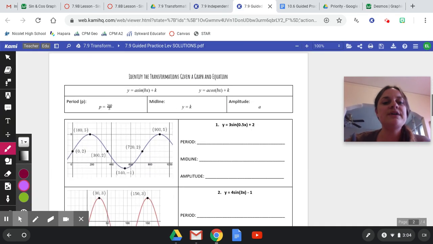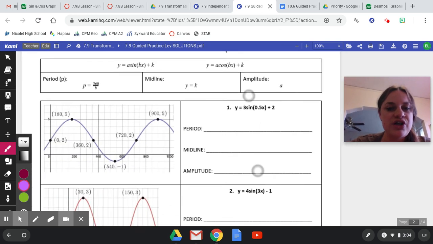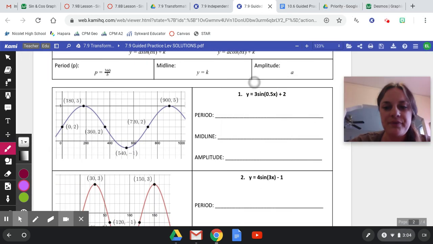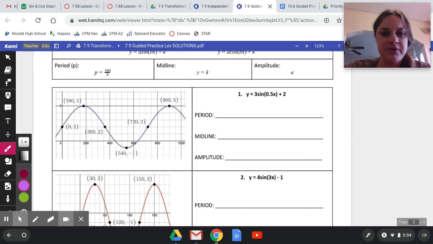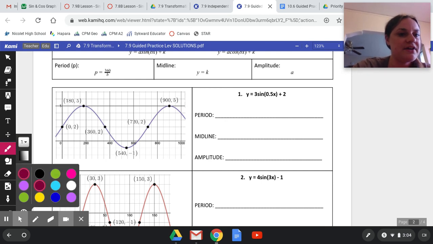So we're going to start by giving you the equation and the graph, and we're going to determine some information about these things. So y is equal to 3 times the sine of 0.5x plus 2. The first thing to note is you can determine your period by figuring out what your b value is and then taking 360 divided by b.